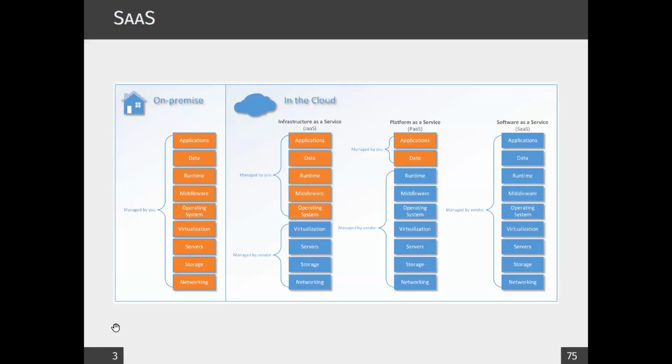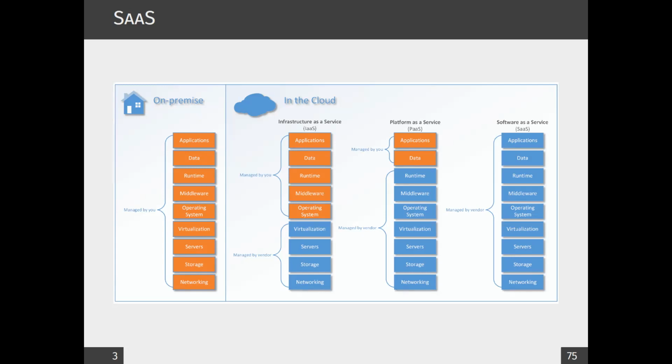Right. Now, just to have a brief discussion on software as a service, you can see that in early days, everything was in the organization. On-premise means the organization manages everything, starting from applications, data, runtime, middleware, operating systems, virtualization, server, storage, and network, everything in a single place.